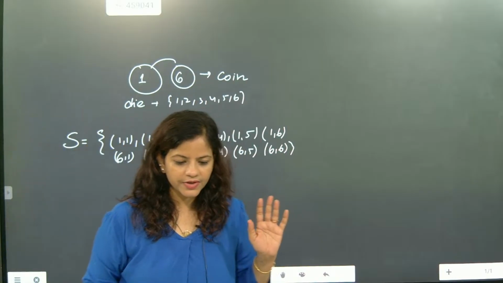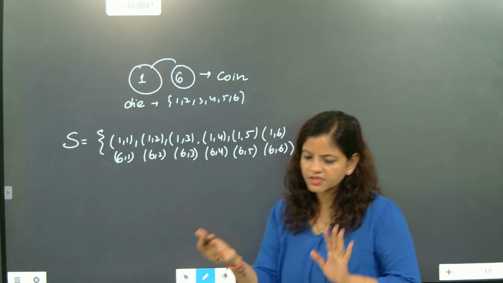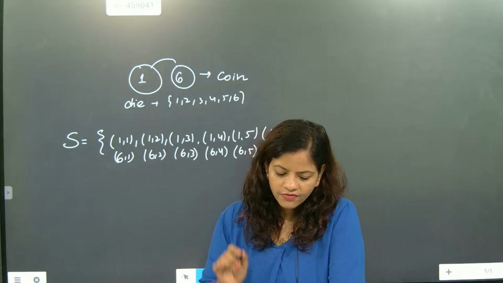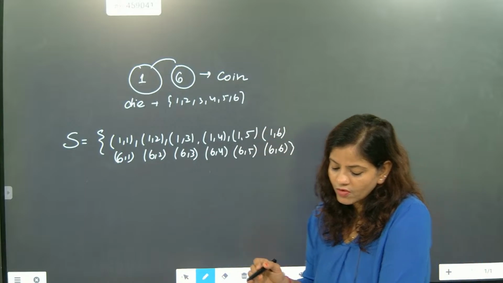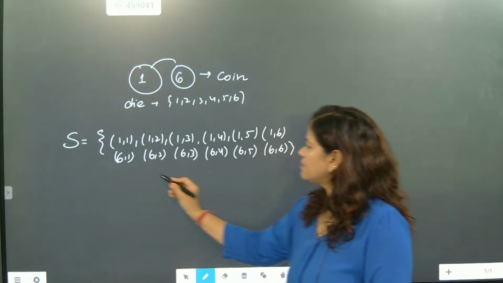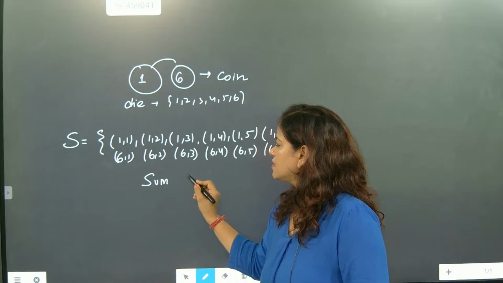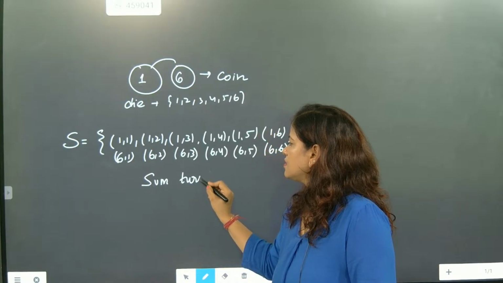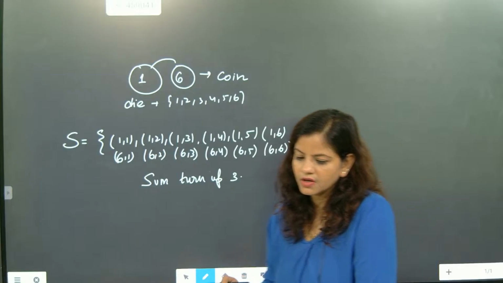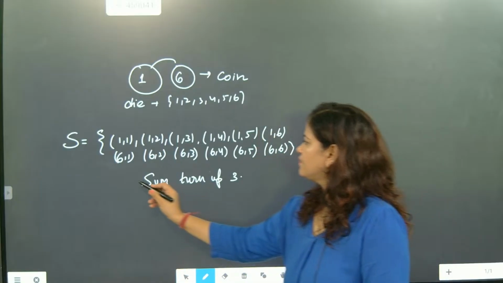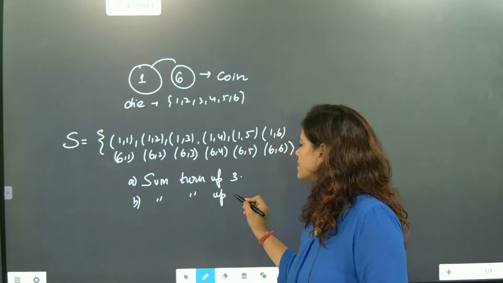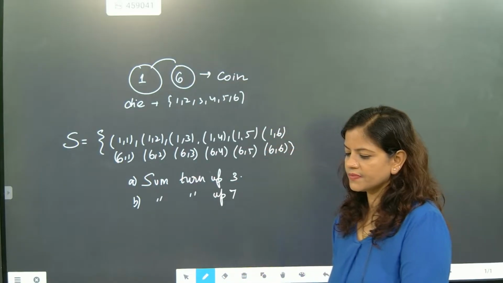So this is the entire sample space. Now I'm asking the questions, get ready. The coin had two faces, 1 and 6. First question: find the probability that the sum of numbers turns up 3. Second: the sum turns up 7.